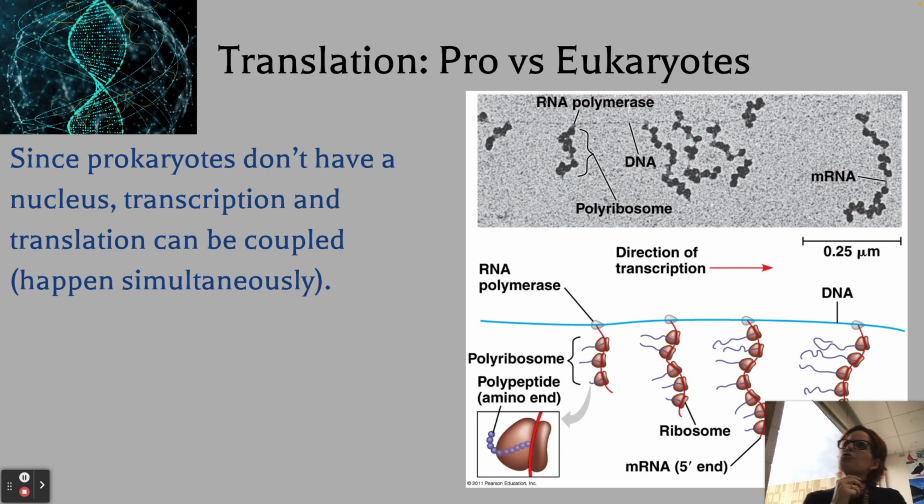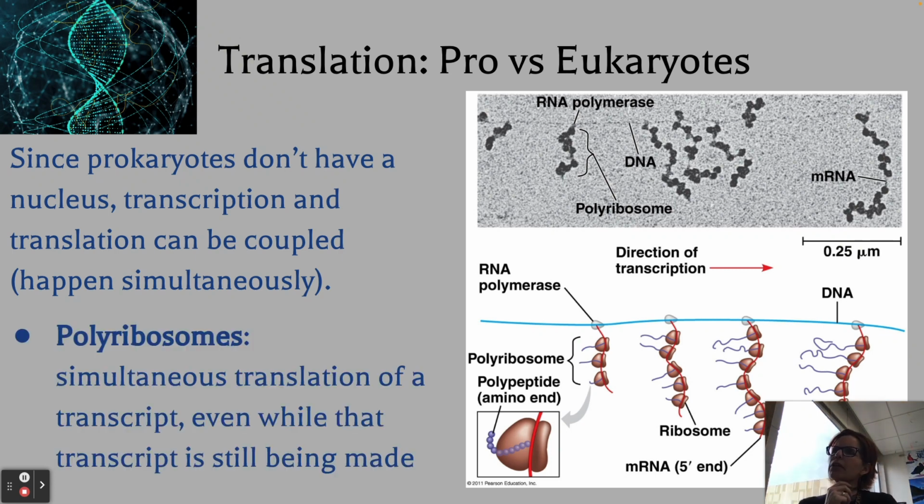Okay, translation in prokaryotes versus eukaryotes. Since prokaryotes don't have a nucleus, translation can be coupled with transcription. So remember, this is called a polyribosome. As fast as the DNA is being read, here's your mRNA being made, the ribosomes immediately clamp on and start making proteins.